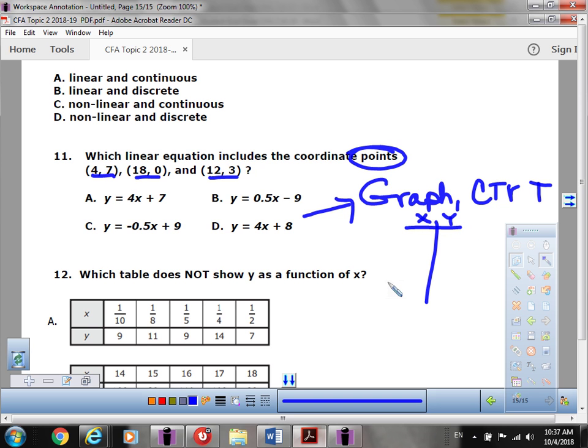Remember I showed you all the representations for points? Think about it. That is a point on a table. That's 4, 7, 18, 0. These are points. And so you could have graph control T and figure out your answer that way. So here's what you should have graph control T. Again, the answer was C. That's the one that would have worked with those points.